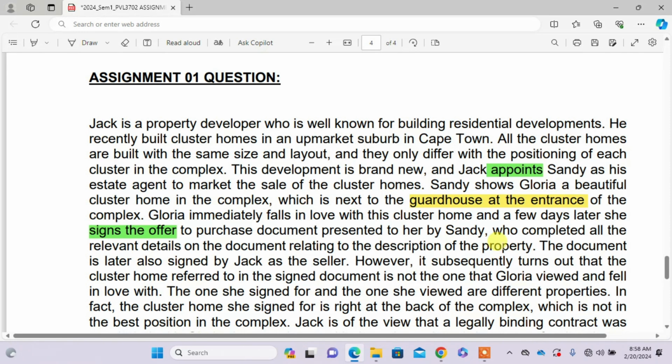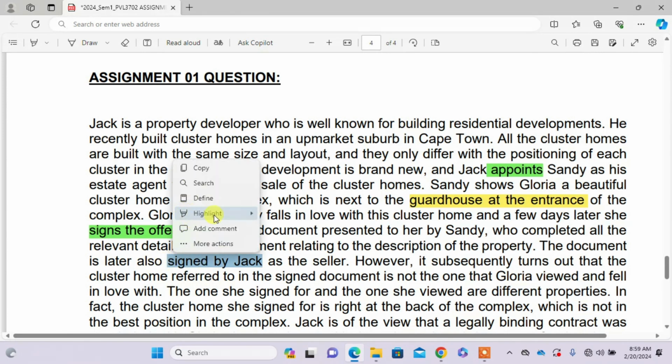Remember, Sandy is the one who showed Gloria the house next to the guardhouse, and she also completed the description of the house. The document is later also signed by Jack as the seller. So Jack signed. Let's note this one.